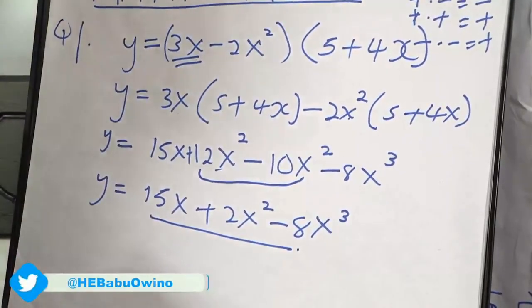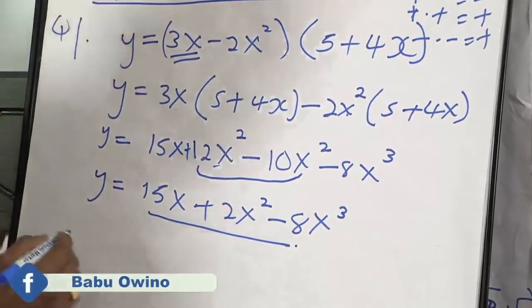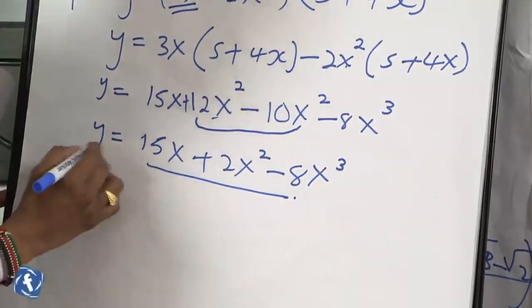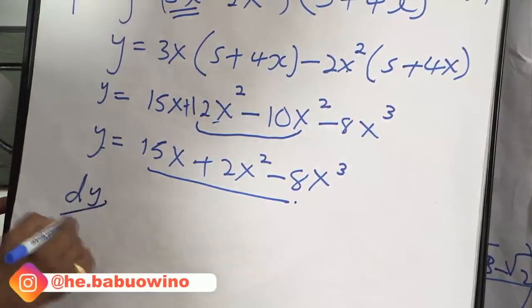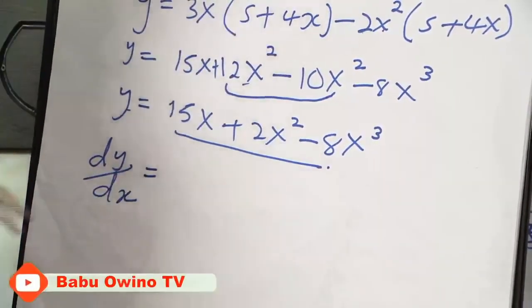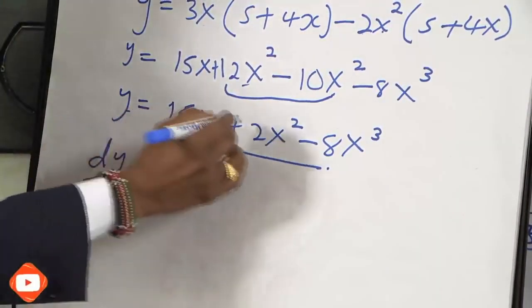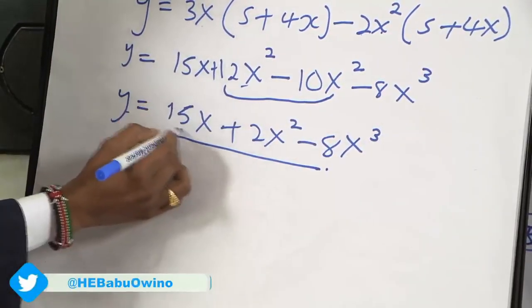Then we are advised to find the derivative. That is differentiation. Differentiation is the gradient function. Now we are going to get the value of y with respect to x. That is dy/dx. Now when we want to differentiate, we'll differentiate every part that we have here. So we'll first of all start by differentiating 15x.